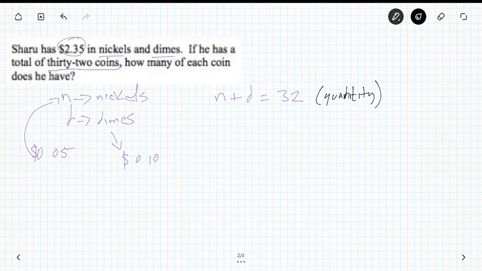And this other line that I'm going to write deals with money. Okay, so I'm going to write 0.10 times the dimes, because that's how much a dime is worth, plus how much is a nickel worth? 0.05 and equals $2.35.